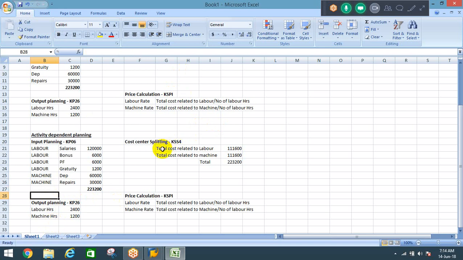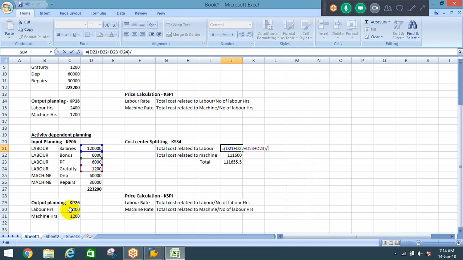When we do KSS4, how will the system distribute? What is the formula? Total cost divided by number of hours related to that particular activity. What are we taking? 1,20,000 plus 6,000 plus 6,000 plus 1,200 divided by 2,400.